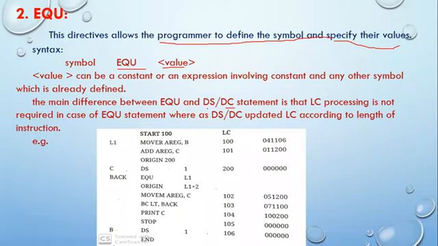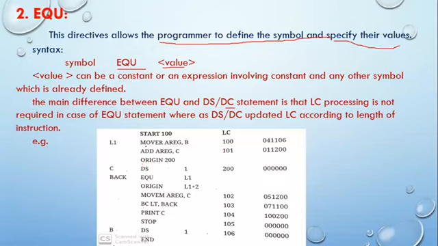But when we use DS, declare storage, and DC, declare constant, we require LC processing. That is, we have memory addresses, and we need to update the memory address after this particular statement. EQU does not require such LC processing, whereas DS and DC can update the LC according to the length of a given instruction.